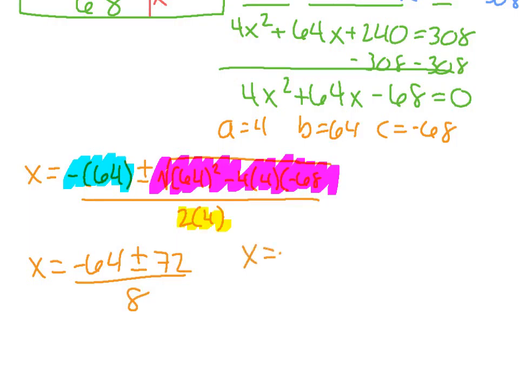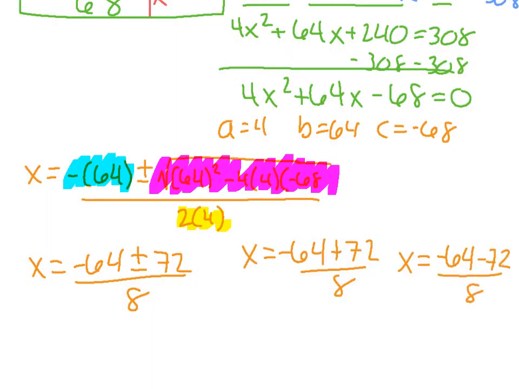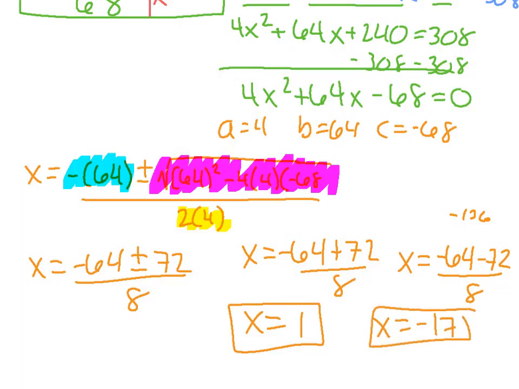So I'm going to have x equals negative 64 plus 72 divided by 8, and x equals negative 64 minus 72 divided by 8. To simplify both of these, negative 64 plus 72 is 8, so 8 divided by 8 is going to be 1. And for the second equation, negative 64 minus 72 is negative 136, and negative 136 divided by 8 is going to be negative 17.